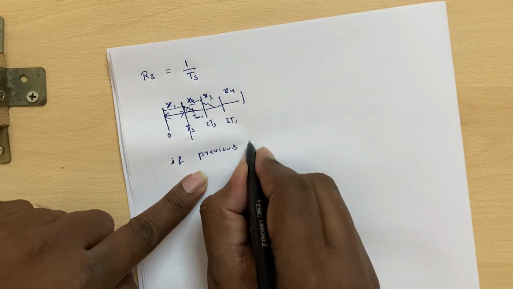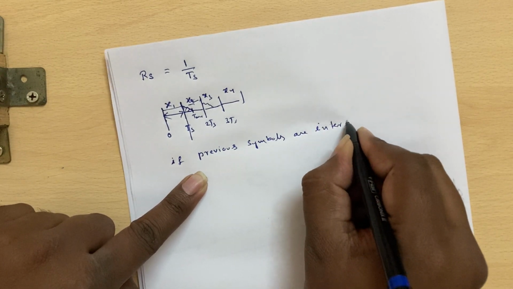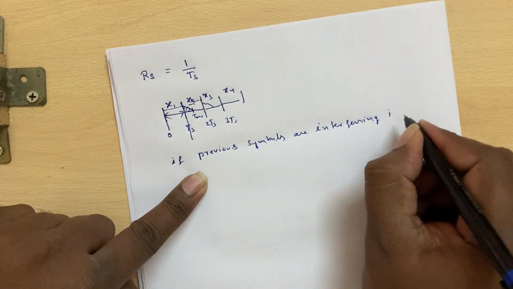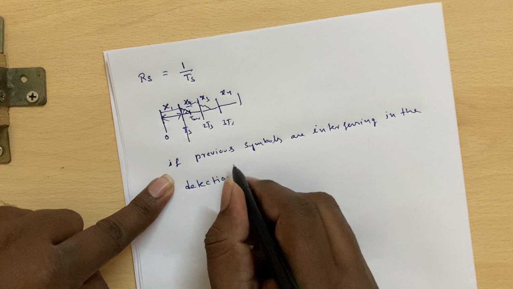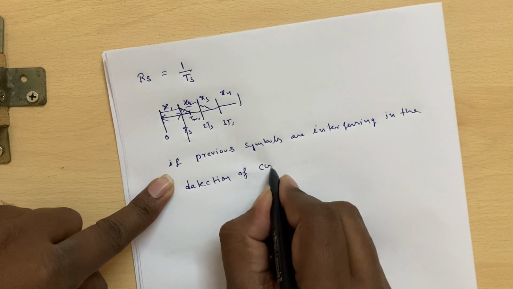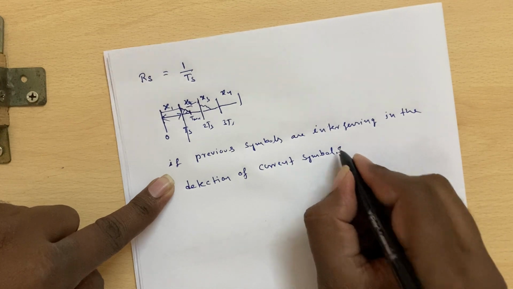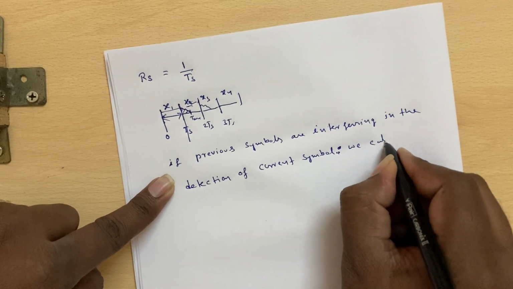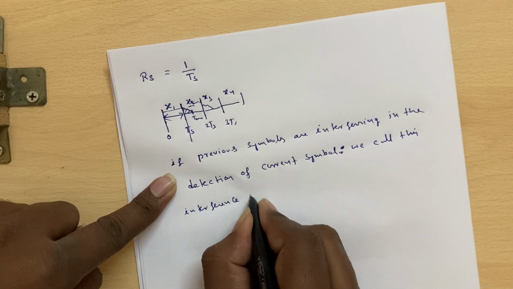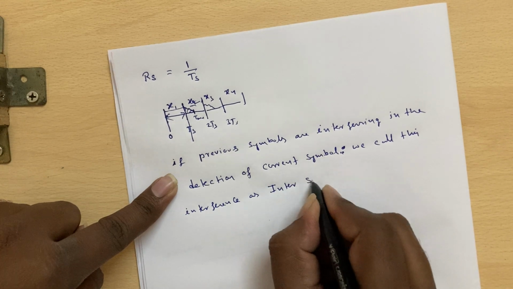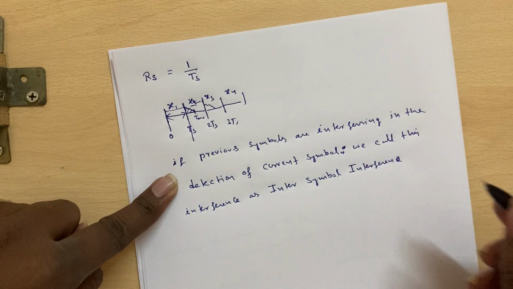So if previous symbols are interfering in the detection of the current symbol, we call this interference inter-symbol interference, in short ISI.